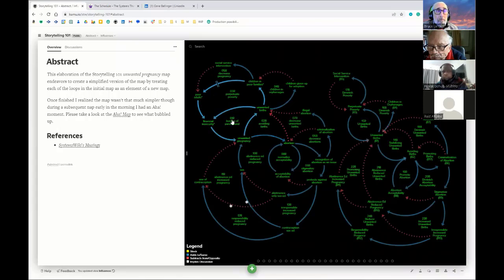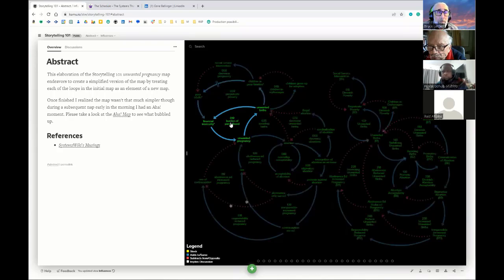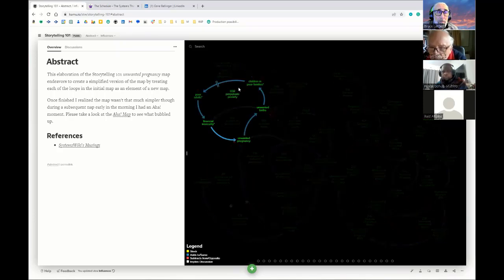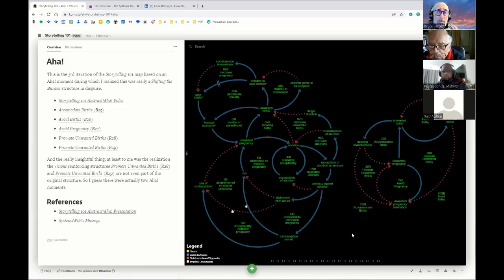Yep. But I have to take this loop and say, that's an element, and this is an element, and this is an element, as opposed to all of the individual pieces, because I'm trying to figure out a way to reliably get from here to here.